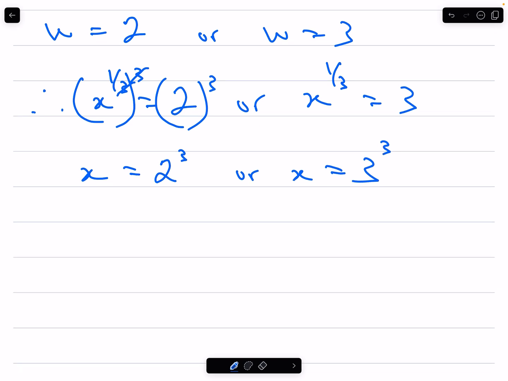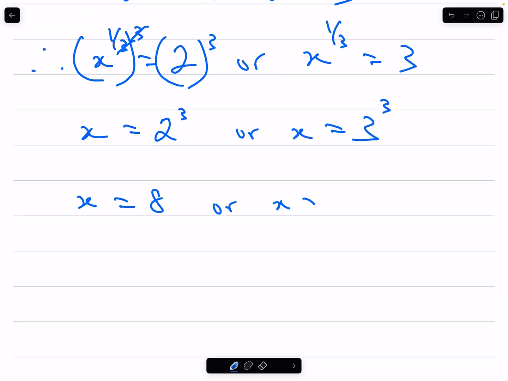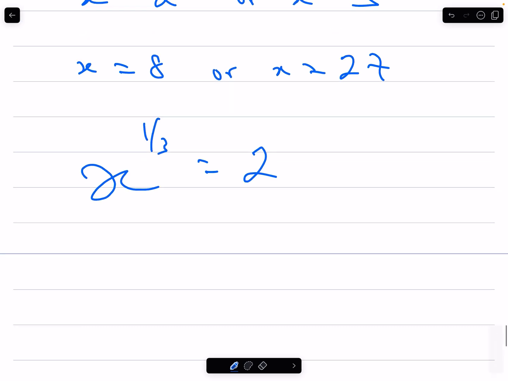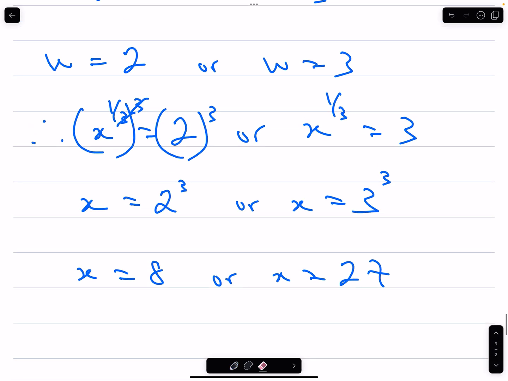Which simply means x equals 8, or x equals 27. Please take note, if x raised to the power 1 over 3 equals 2, then you find the cube of both sides, which simply means x equals 2 raised to the power 3, 8. Of course, that's it, very, very simply.